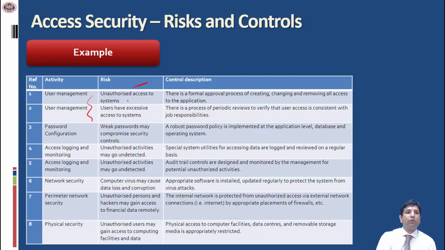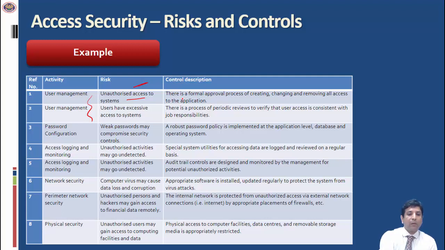Unauthorized access to systems could be one risk which relates to user management. That means unauthorized users who do not require the access or who should not be having access to systems are able to access the systems. This is a risk. Now, what is a possible control that management can implement?